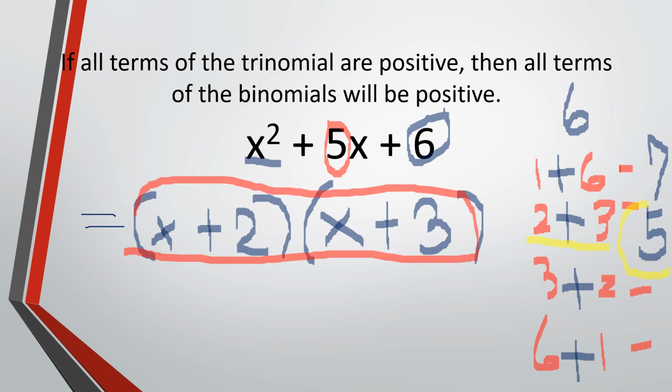Now, let's do the checking. Let me put the factored form here: x plus 2 and x plus 3.